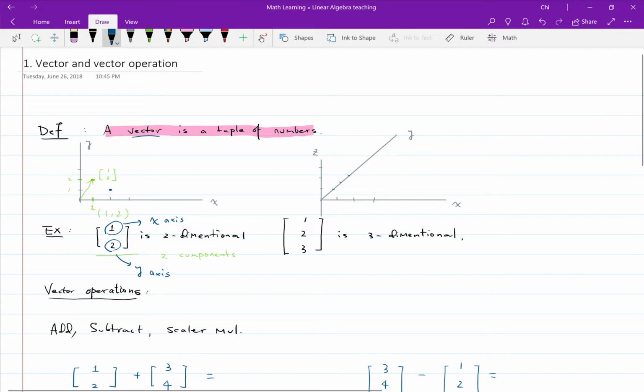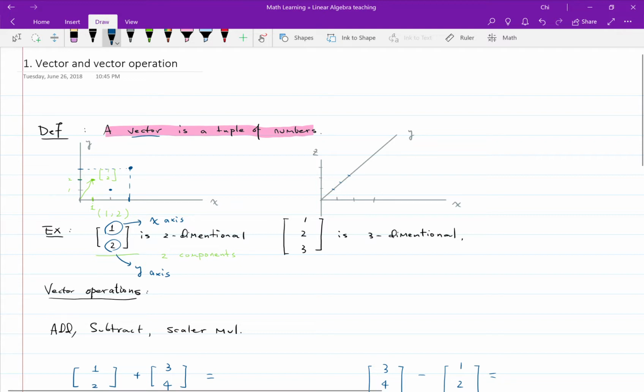Starting at here, we move to the right by 1. So it's here. And then we move up by 2 units. So 1, 2. So now we are here. So that's where our vector should end up. And then we draw the arrow.